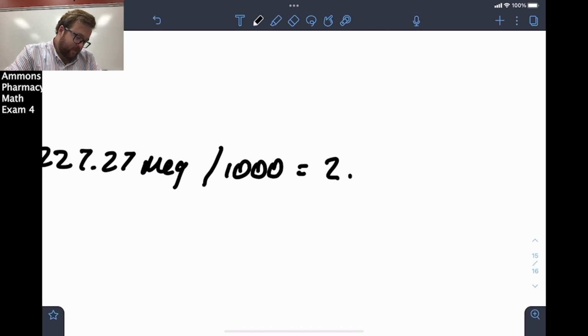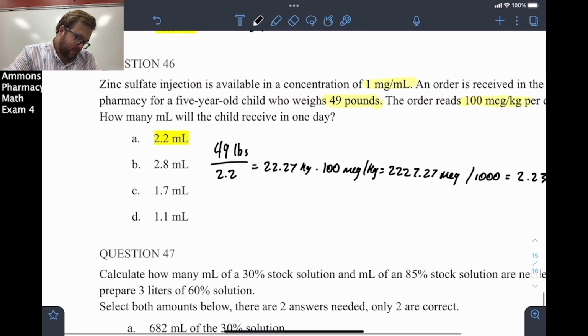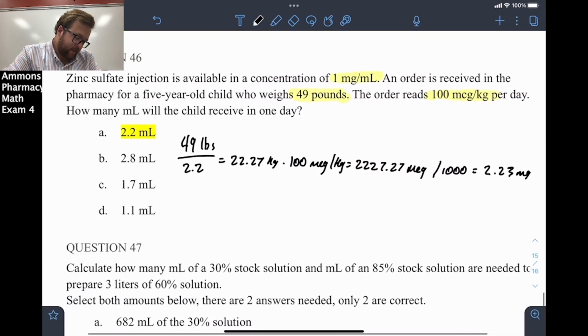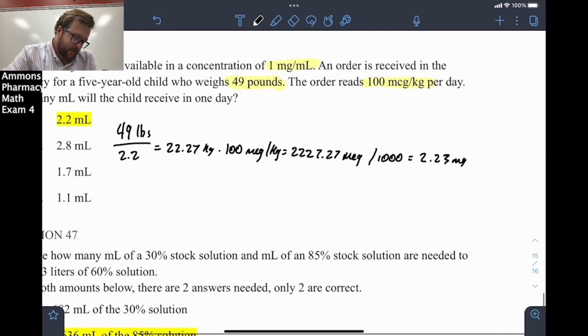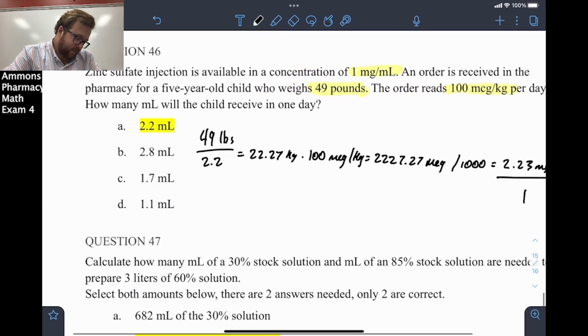So that's 2.23 milligrams. Our drug is 1 milligram per mil, so that's literally just divide by 1, and that's 2.2.